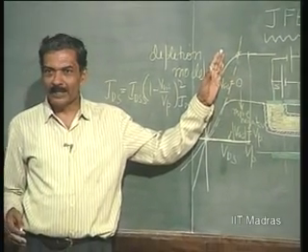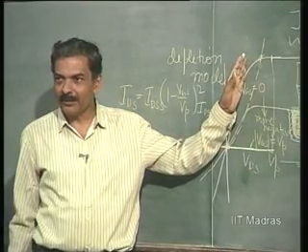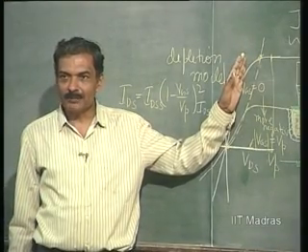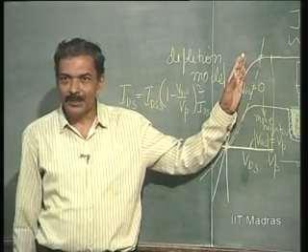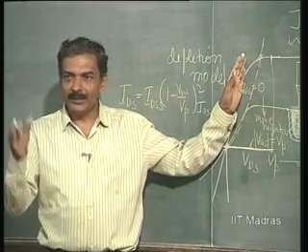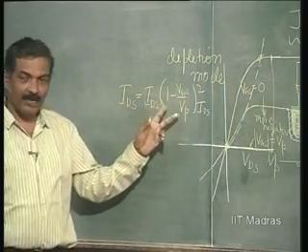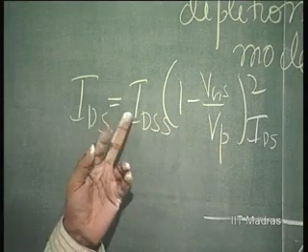Whereas in the case of enhancement type MOSFET, there is no such characteristic called VGS equal to 0, because the current is not yet flowing. Only when voltage exceeds the threshold voltage, current starts flowing. So, in this case the same equation is rewritten as IDS.